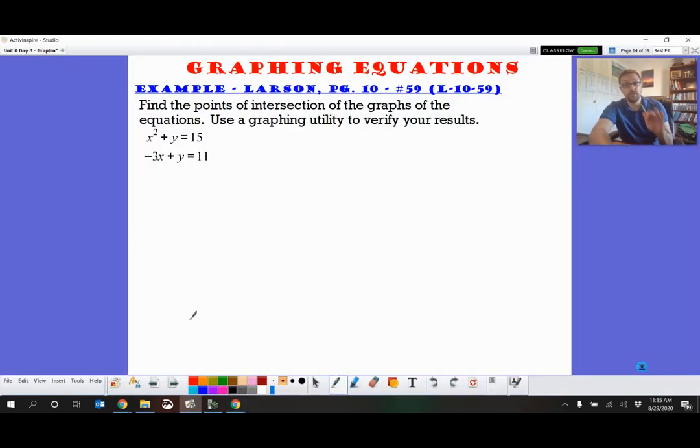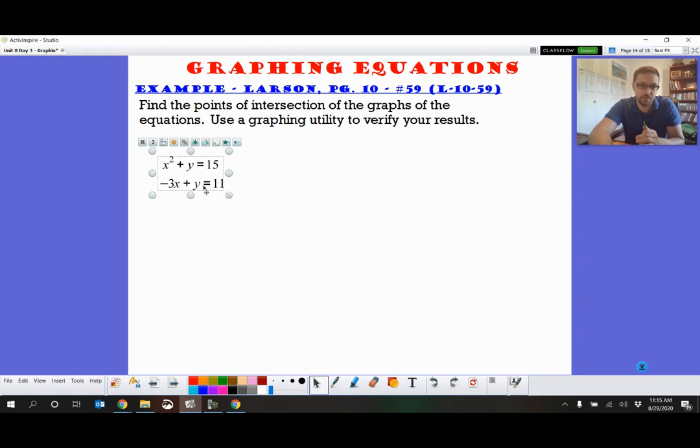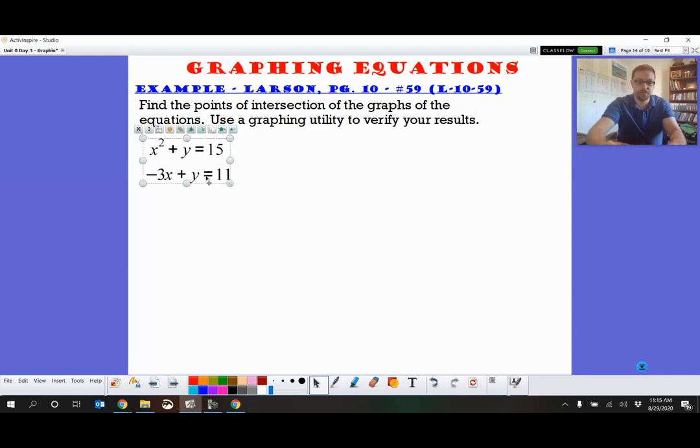Now these are mismatched. Since they're mismatched, I can use substitution or, if everything was mismatched, I'd have to use substitution. However, these two match, so I'm going to use elimination for this one. That way I don't have to worry about extraneous solutions.